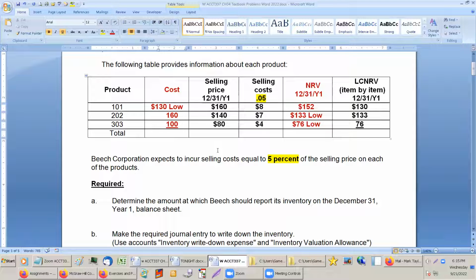Okay, so the cost was $390. And the net realizable value was $339.